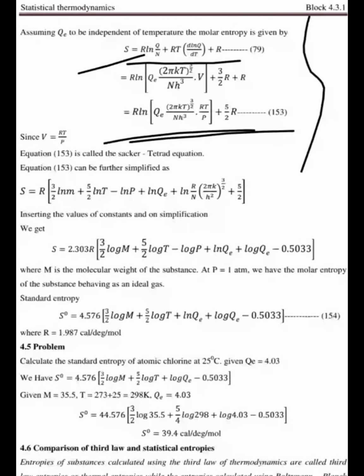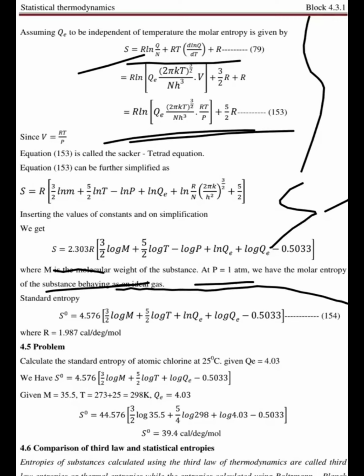So next you're going to take M, the molecular weight of the substance, and pressure at 1 atmosphere, the molar entropy. S is the molar entropy of the system. So if you calculate inside that value, we'll be getting the equation 154.